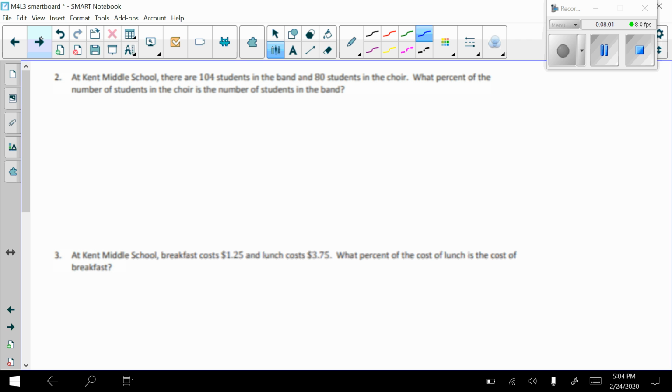So what percent of, because the percent and the of go together, what percent of the choir.